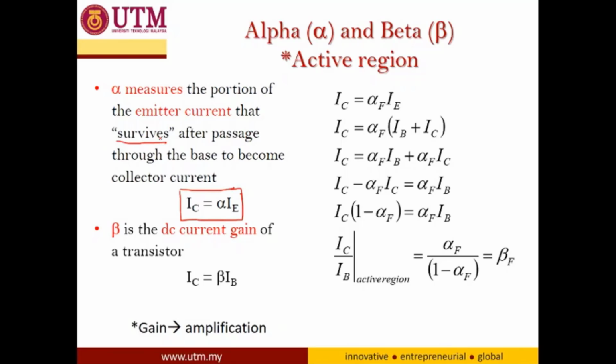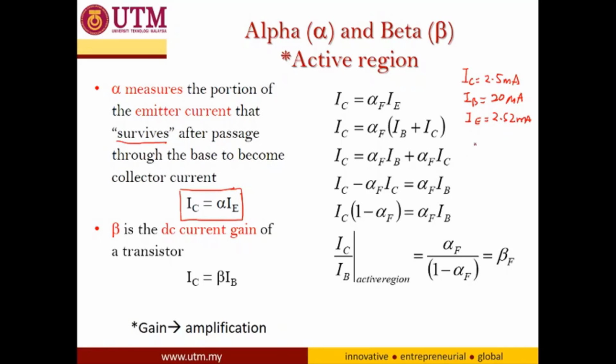If alpha is 1, it means that all the produced electrons at the emitter arrive at the collector. In the example of the previous slide, we have IC is 2.5 milliampere, IB is 20 microampere, and IE is 2.52 milliampere.